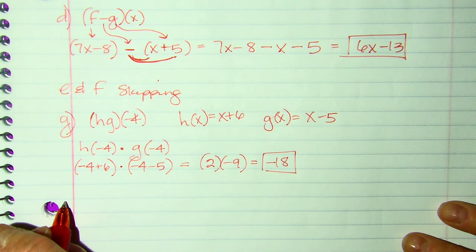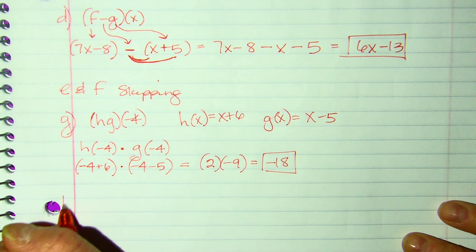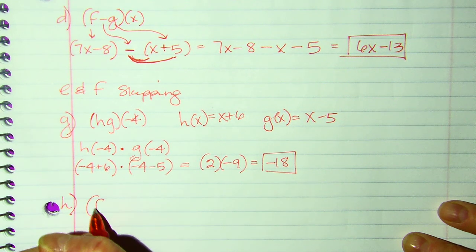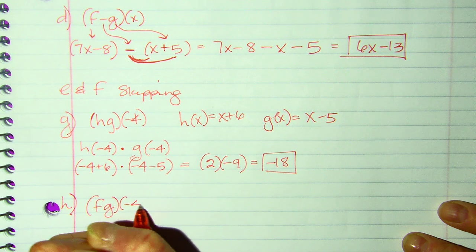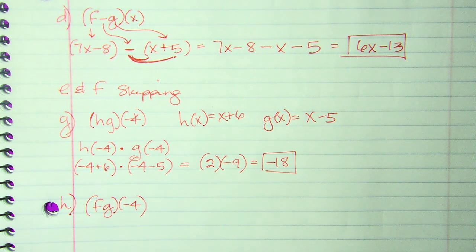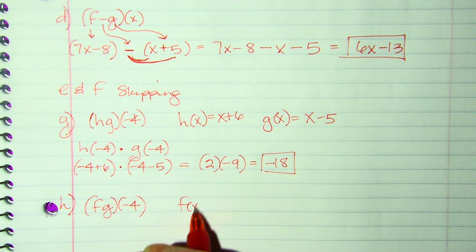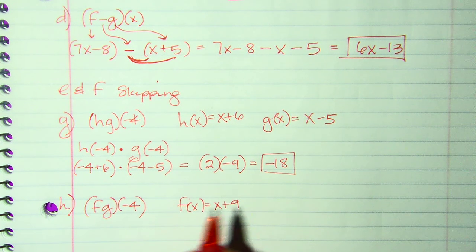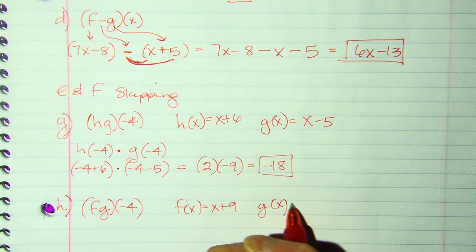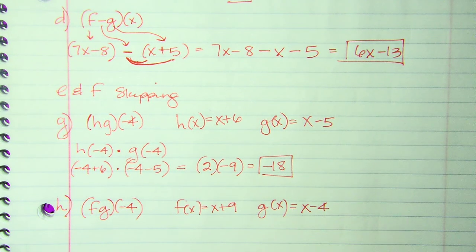And the next part, I have f times g at negative 4. The function of f is x plus 9, and the function of g of x equals x minus 4.